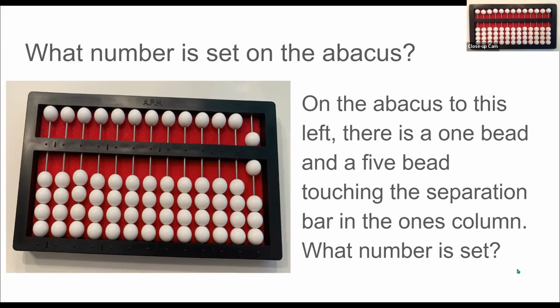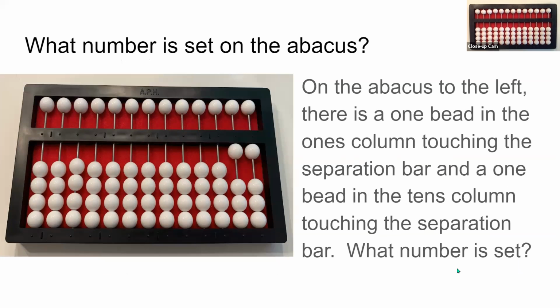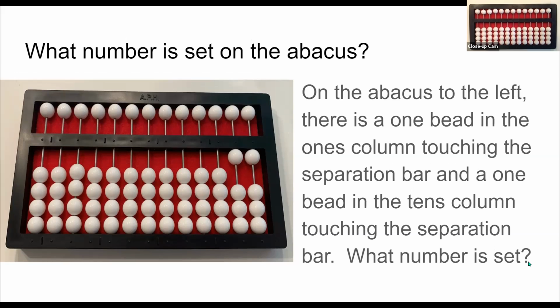Okay, we've got another one. If you set yours to match Miss Amy's, go ahead and clear it so you can get ready for the next one. Here we go. What number is set on the abacus? On the abacus to the left, there is a 1 bead in the ones column touching the separation bar, and a 1 bead in the tens column touching the separation bar.